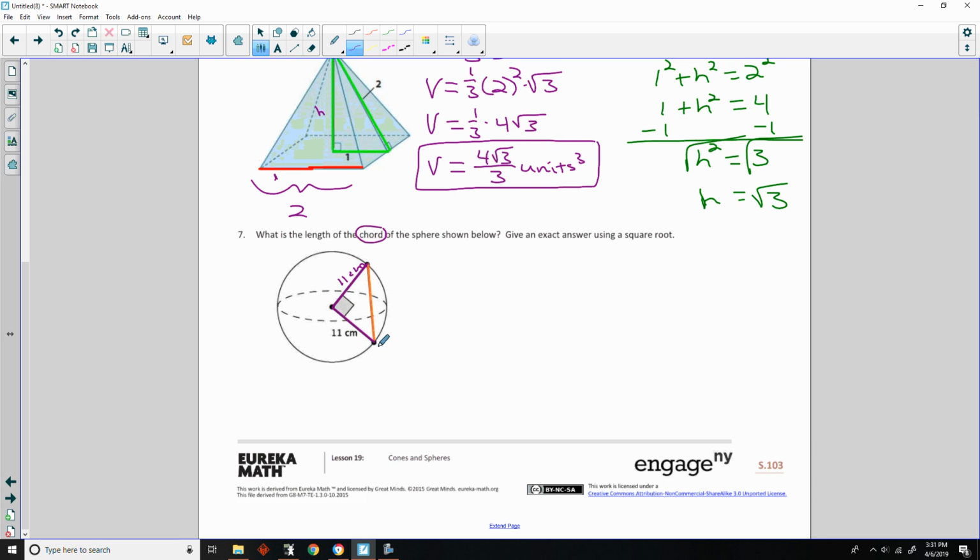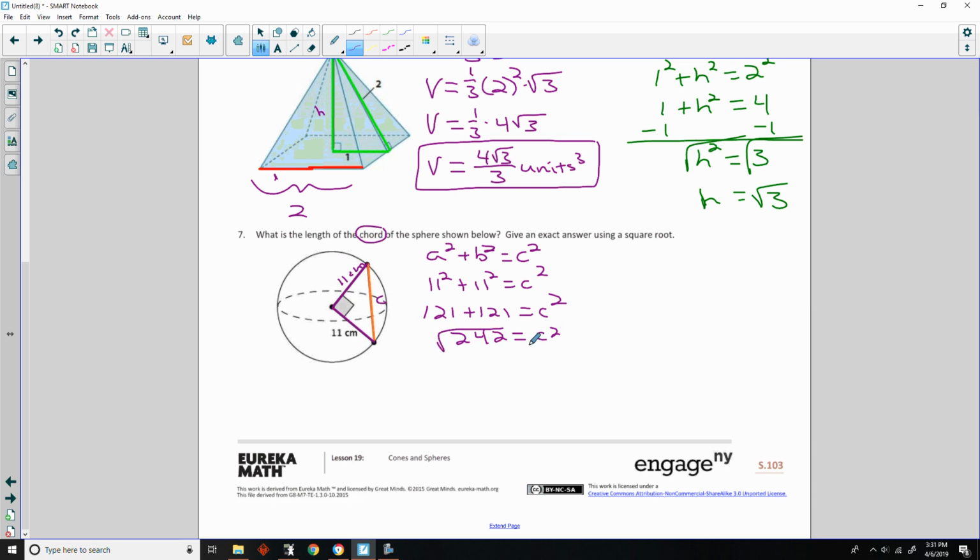So if this is 11, and that's 11, and this is my hypotenuse c. To find this chord, we use the Pythagorean theorem. A squared plus b squared equals c squared, where a is 11, b is 11, and c is my chord. 11 squared is 121, and 121 plus 121 is 242.